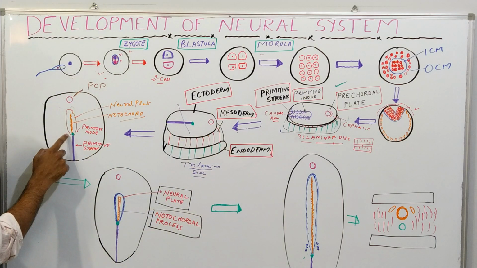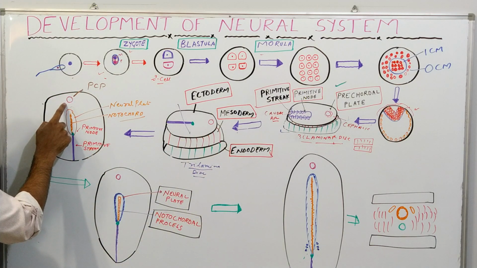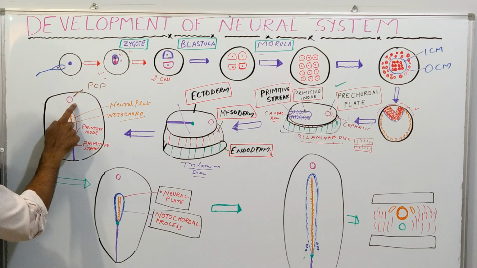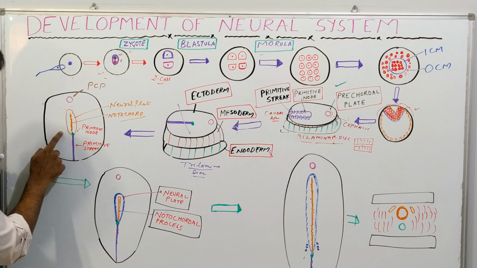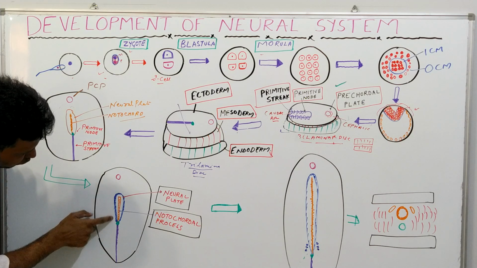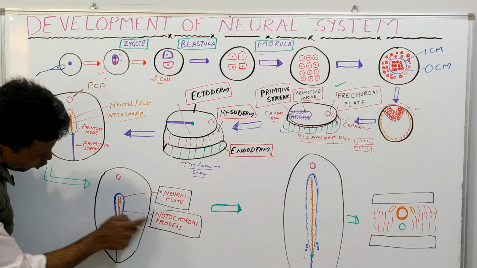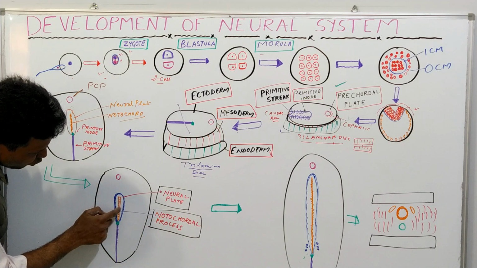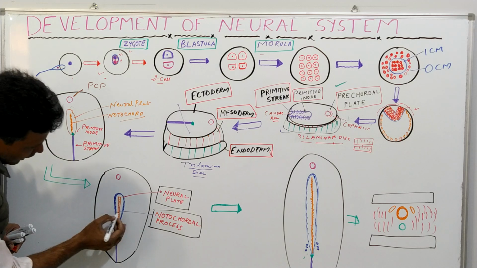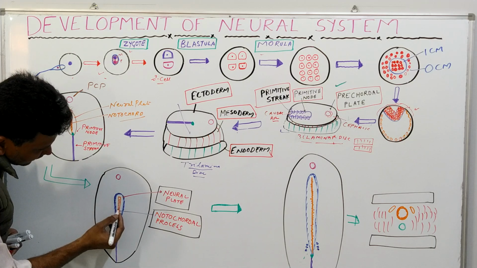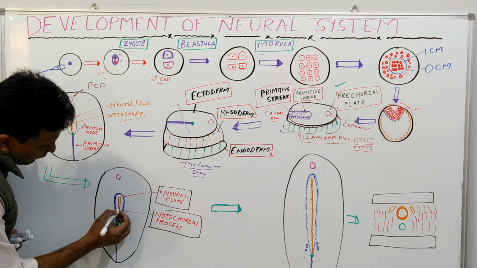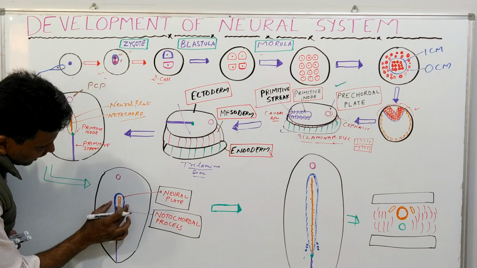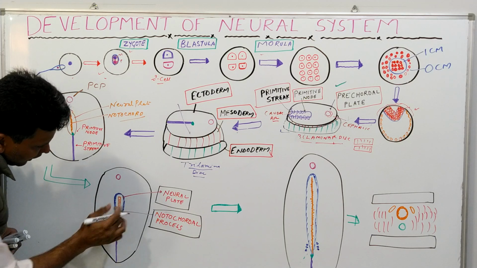Now from here cells also move toward the cephalic end, toward the procardial plate, and when they move there, there is a formation of notochord. Around the notochord, this region is depressed, and the edges will be raised up.